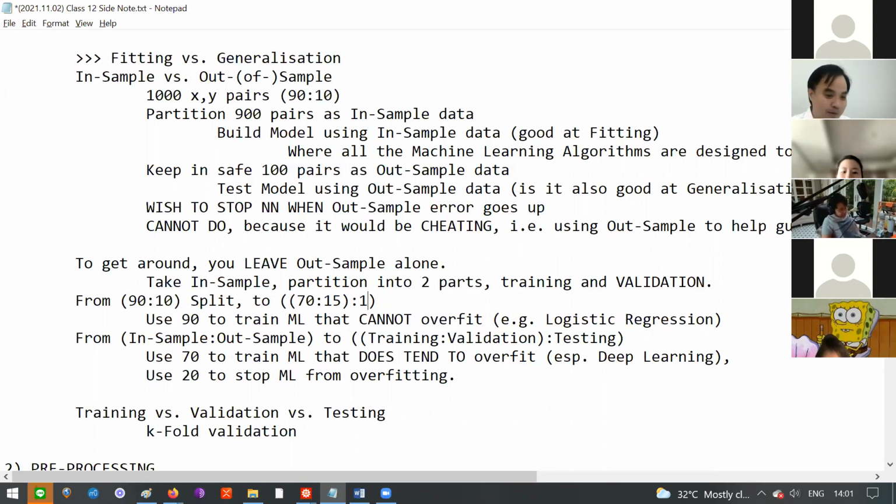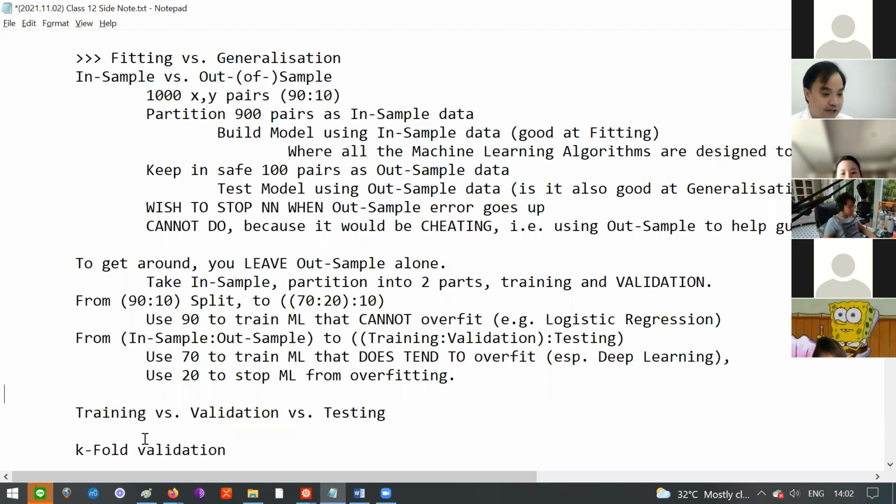This is just an example, so that's not really the essence. This is where you separate, and now you can say something like training versus validation versus testing.